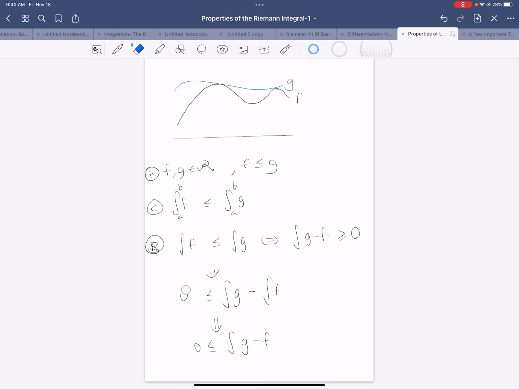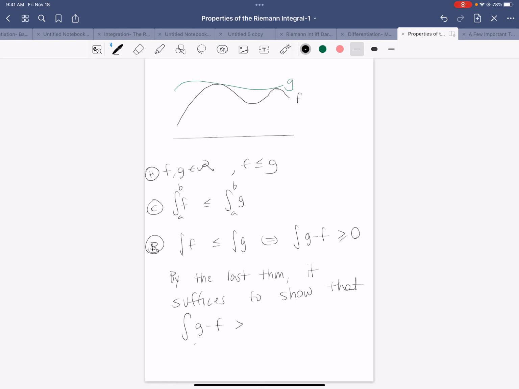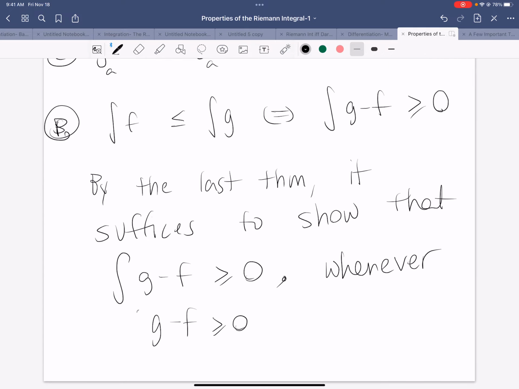So, by the last theorem, it suffices to show that the integral of g minus f is bigger than or equal to 0 whenever g minus f is bigger than or equal to 0, and g minus f is Riemann integrable.